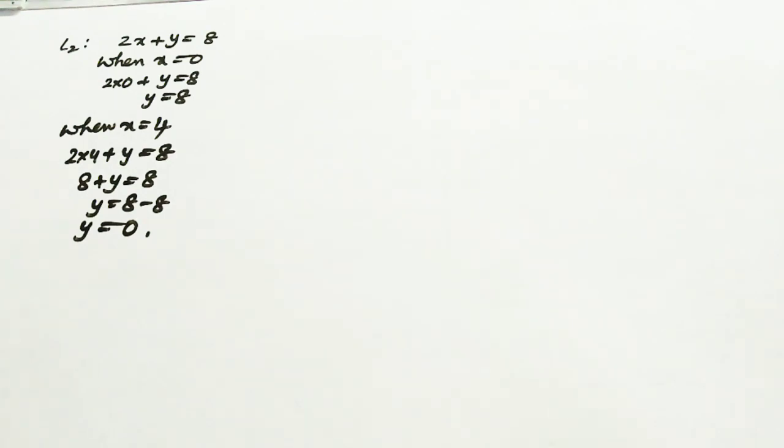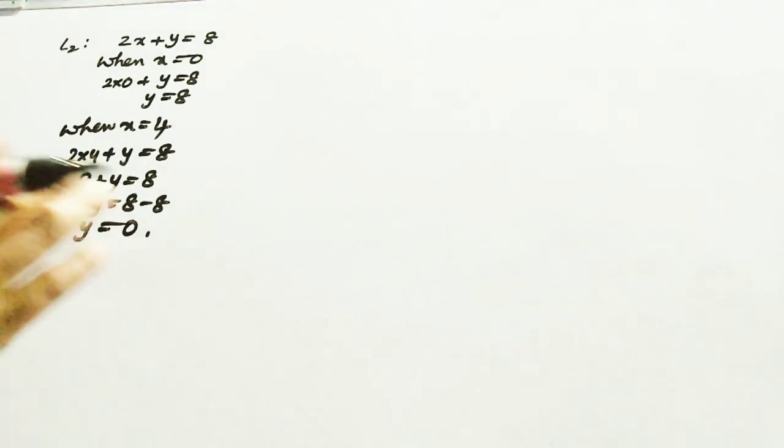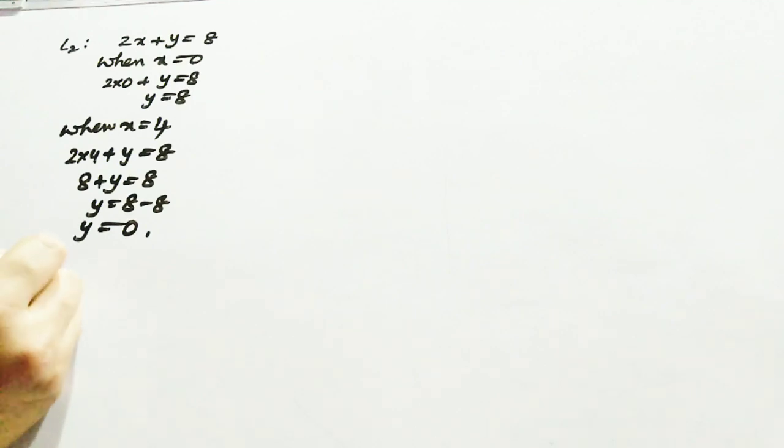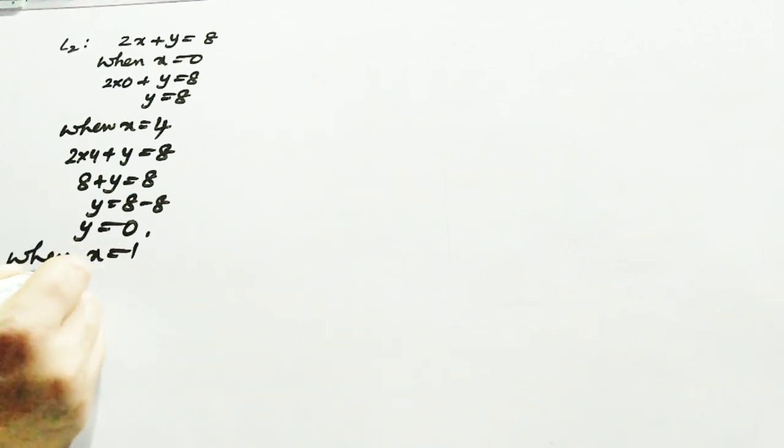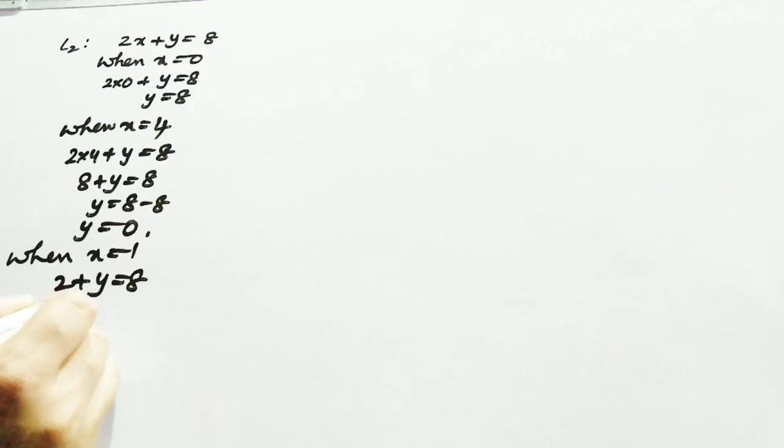You can take 2 into 1 also, 8 minus 2 gives you a y value of 6. That kind of solution you will also get. In place of 4, you can take x equal to 1 also. When x is equal to 1, 2 plus y equal to 8, y equal to 8 minus 2, y equal to 6.